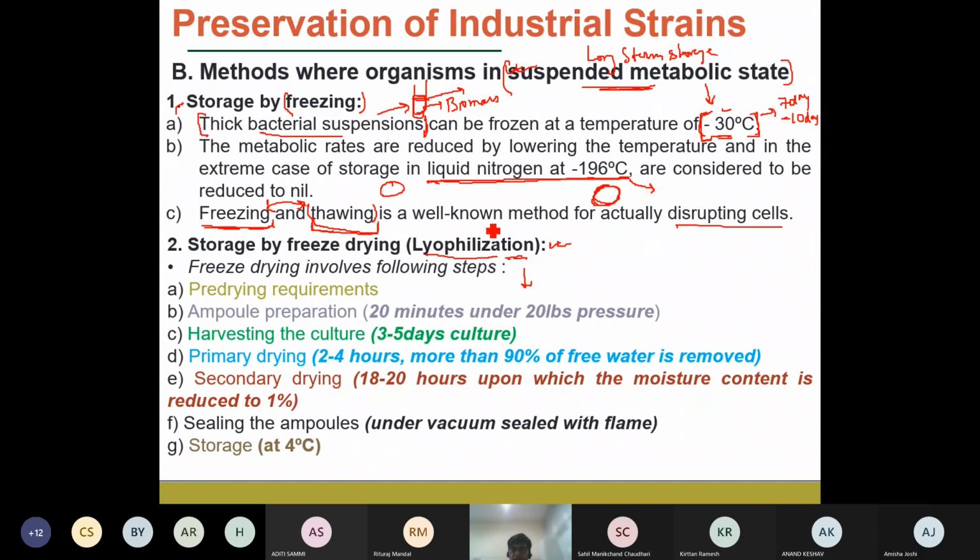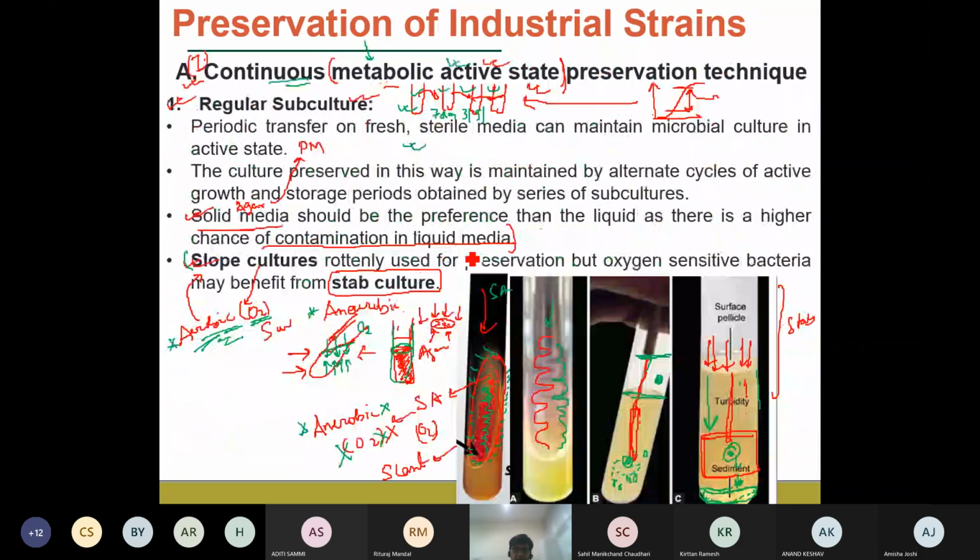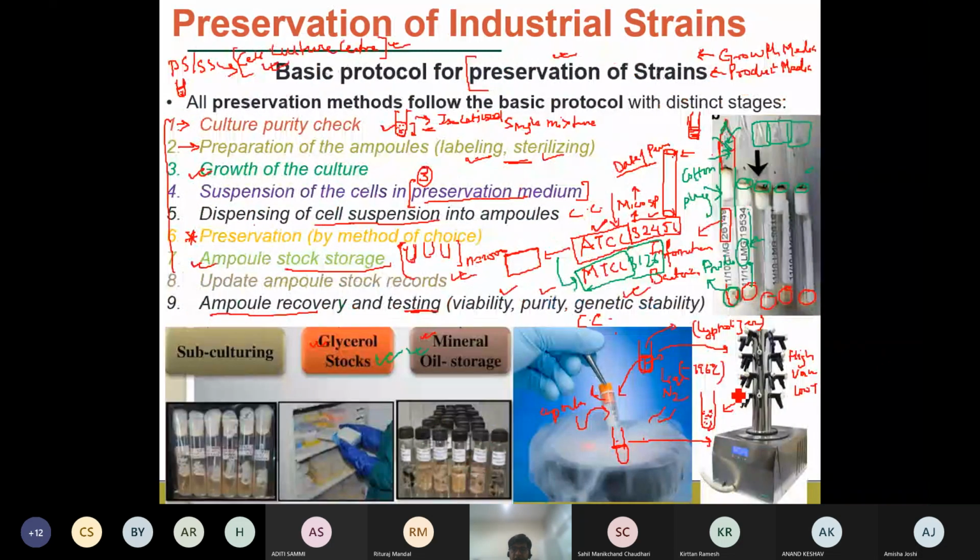We have already talked about what we do in lyophilization. We generally have a lyophilizer, where we maintain a very low temperature. Suppose you have taken your bacteria solution containing the microbes, and you have added cryopreservants like glycerol, mineral oil, or paraffin oil, depending upon the type of microorganisms.